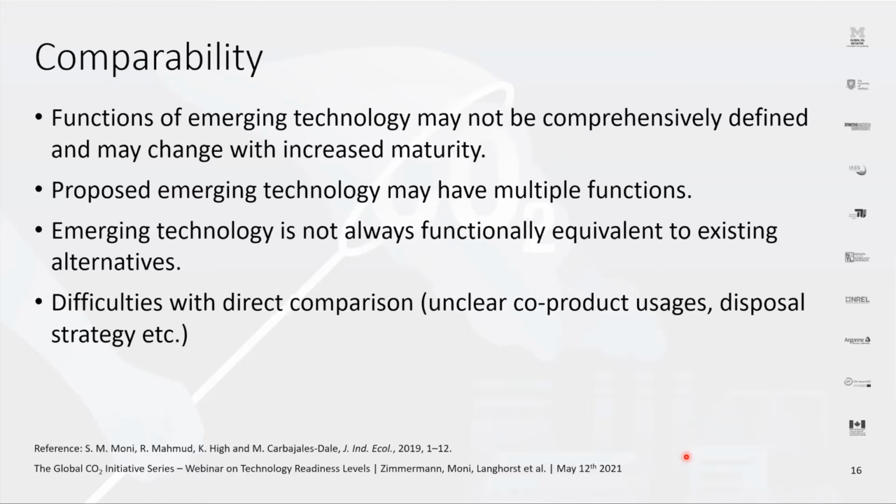There are also difficulties with direct comparison because of unclear co-product uses and the disposal strategy, which is always a challenge while comparing emerging technologies with the alternatives. So these are the issues that we need to consider while performing LCA and TEA at low technology level.